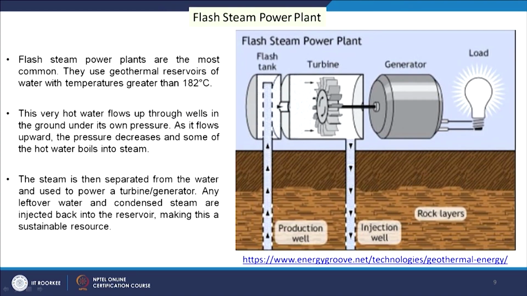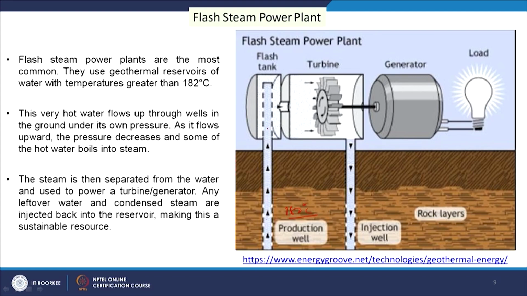Then flash steam: here the temperature is greater than 180 degree centigrade, 182 degree centigrade as reported, is available here. So, water at high pressure at 180 degree centigrade is available there.